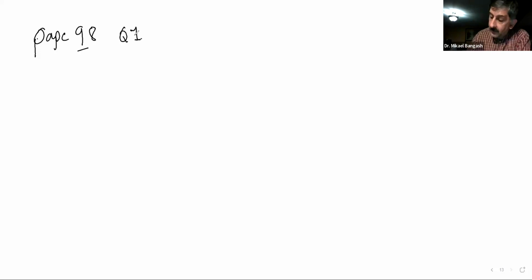Our first question: sound is traveling from bone to soft tissue. The impedances of the media differ significantly, and 90% of the beam's intensity is reflected. What percentage of the intensity is transmitted?